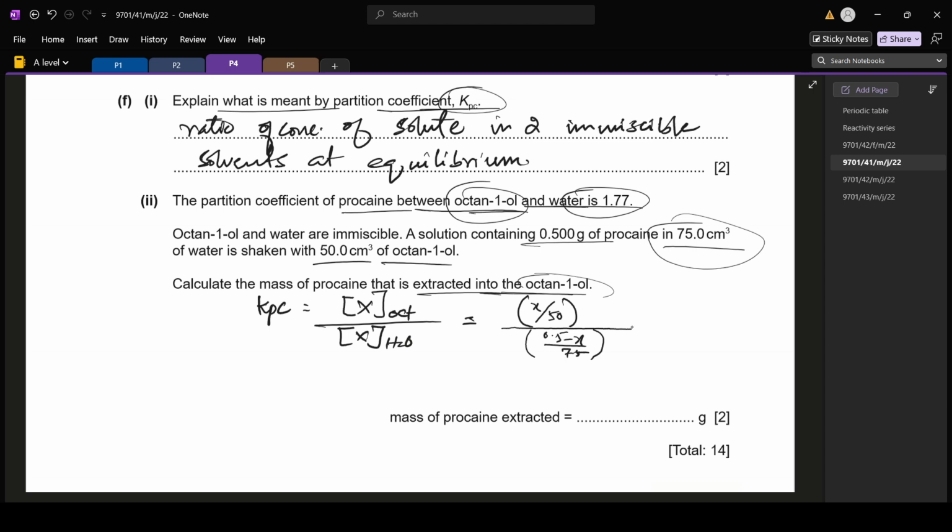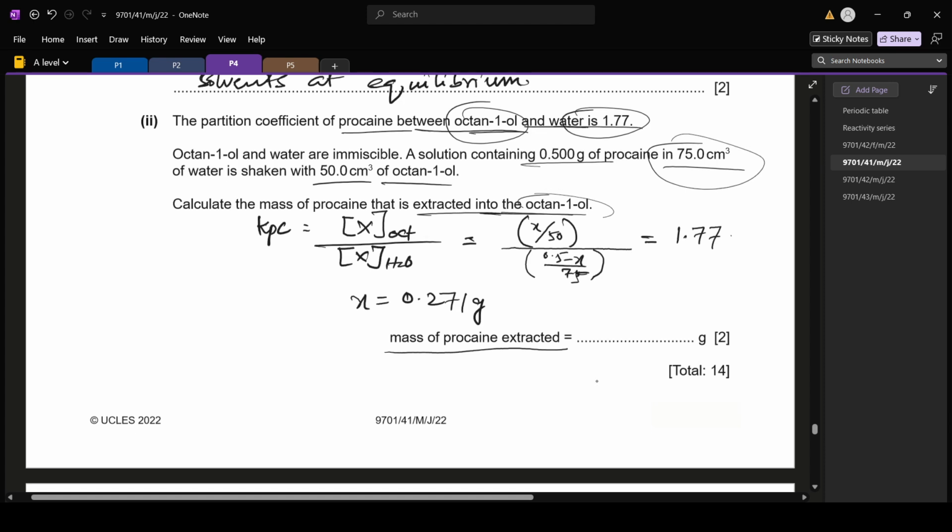You are given the value of KPC, which is 1.77. From this equation you can find the value of X, which is going to be the mass of protein extracted. So X is 0.271 if you calculate this. I think you will calculate this easily.